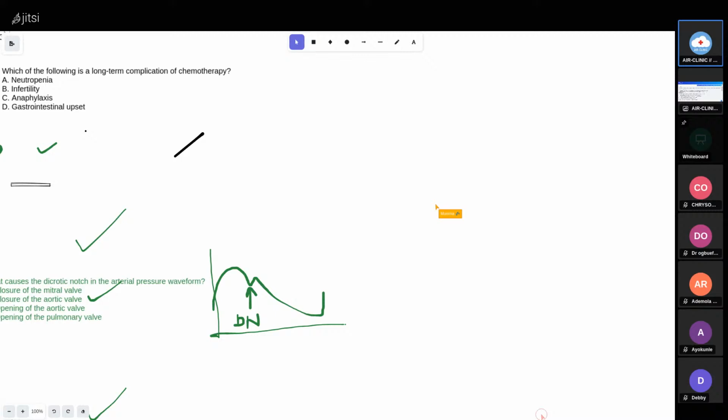Okay, bullous pemphigoid, because it is not a pemphigus. Pemphigoid means it's like pemphigus, but it's not pemphigus. And the difference actually is that in bullous pemphigoid, the lesion is much lower down. So it's between the epidermis and the dermis, or rather between the dermis and the subcutaneous tissue.